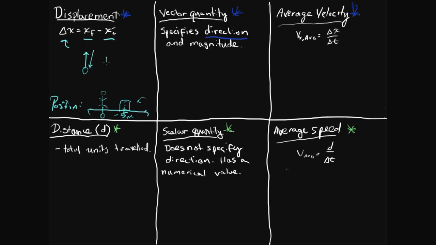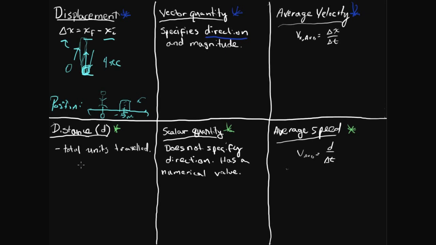Let's say it did it in 4 seconds. Well, this is the initial position and the ball lands right here again, so that displacement is 0. So do not relate displacement directly to distance, because in this case that would have been 0.